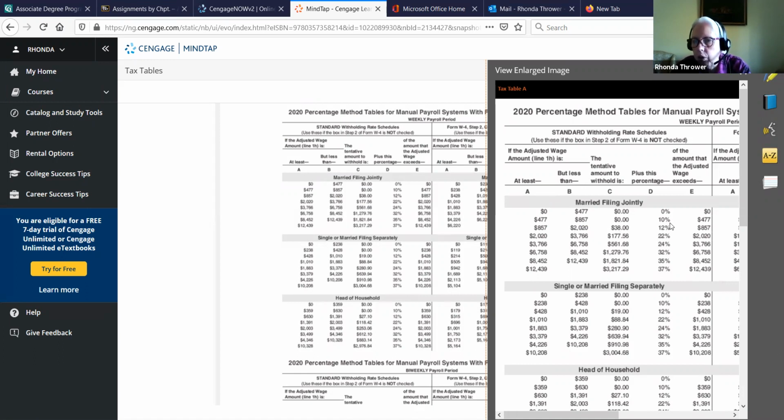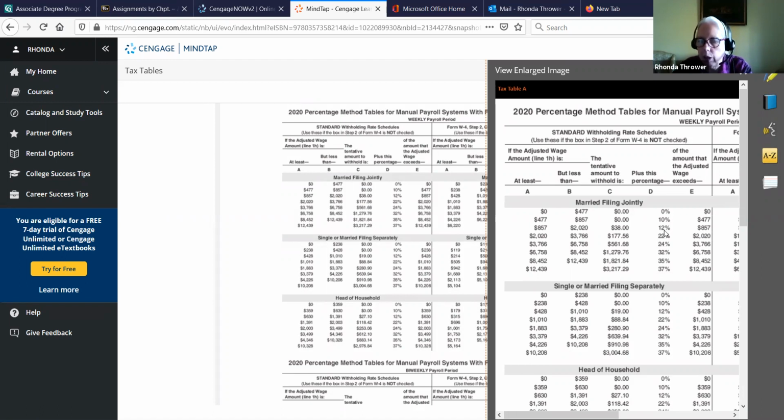What you have to do is find the difference between the amount that the adjusted wage exceeds, $857. You're going to subtract that from your weekly amount of wages. The weekly earnings were $1,575. So $1,575 minus $857 will give you $718 that we multiply by 12%.